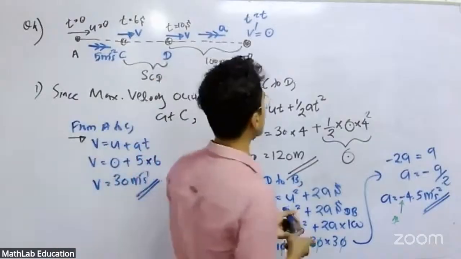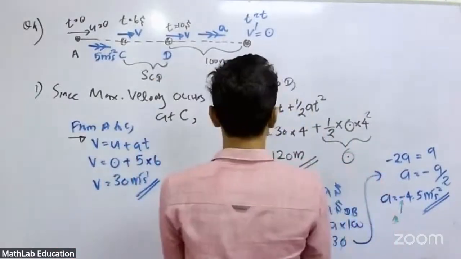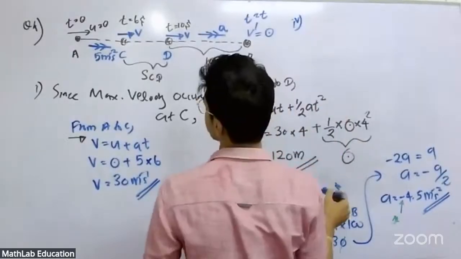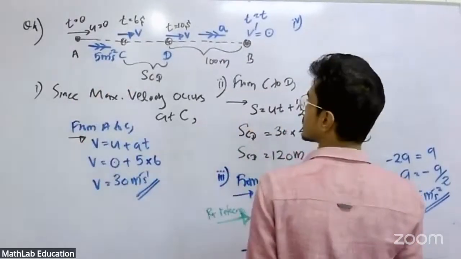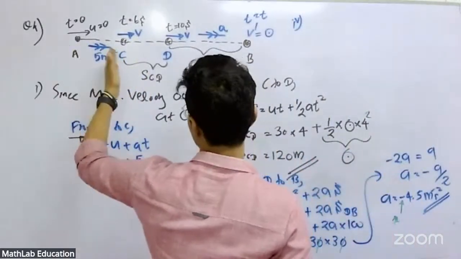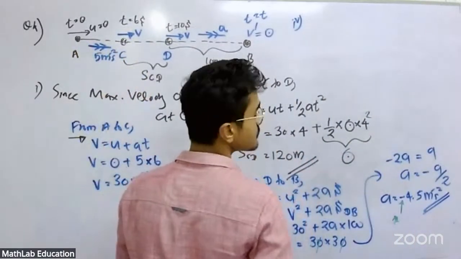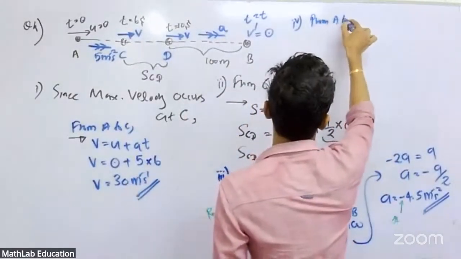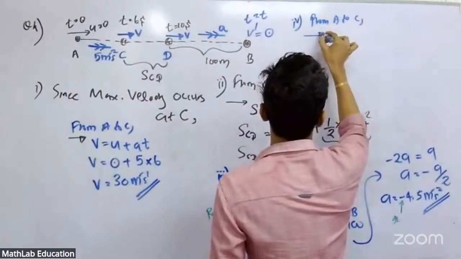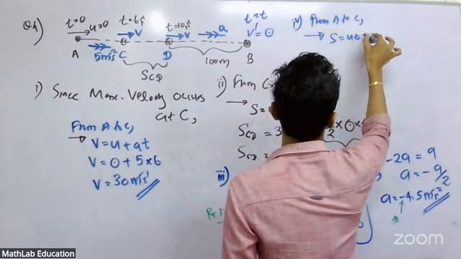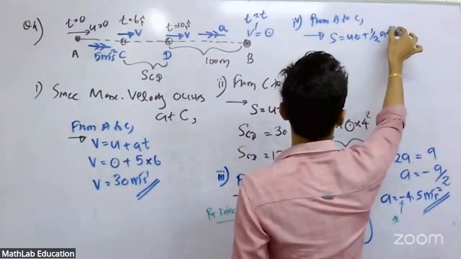Therefore, for the fourth one, part 4, now you can use any of the equations to get the displacement from A to C. Use an equation like S equals ut plus half at squared.